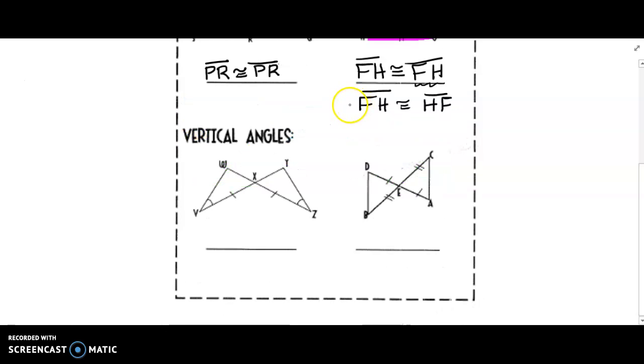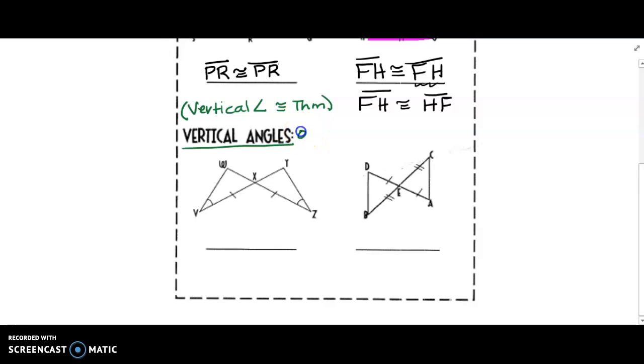Another big hint that you're going to use a lot are vertical angles, and more specifically, the vertical angle congruence theorem. Remember, the vertical angle congruence theorem tells us that all vertical angles are congruent. But let's think back to chapter 2, this might actually be in chapter 1, and define what vertical angles are.